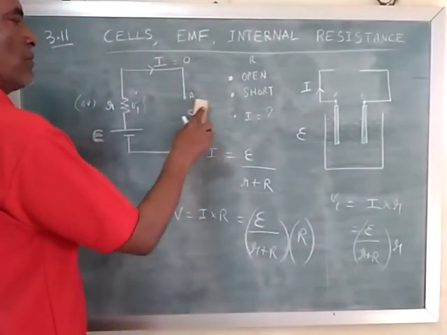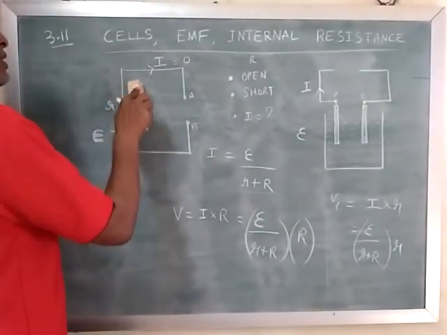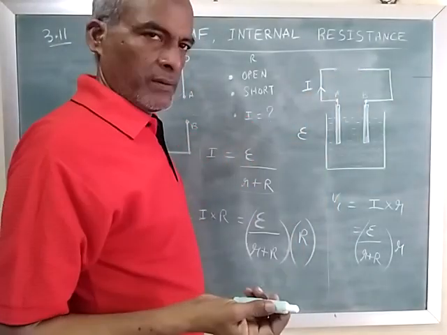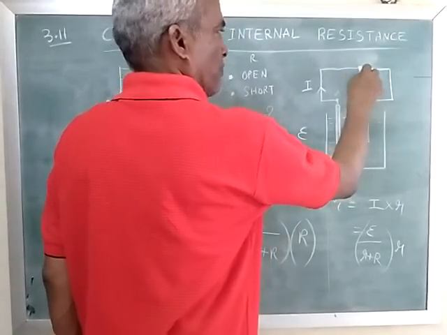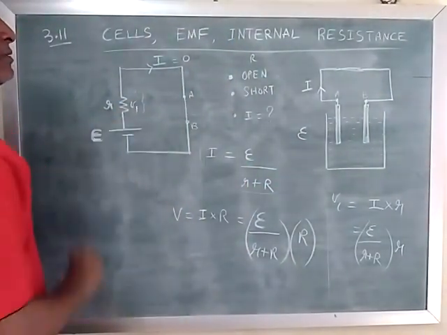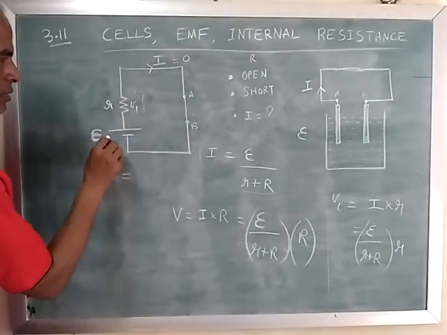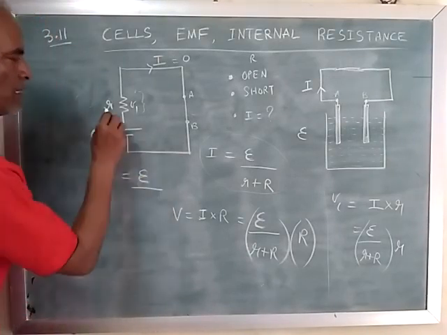Second case, what happens if it is short circuited? Shorted. Either this can be open, one worst case, then it can be shorted. So what happens when it's shorted? Now in this case, I is equal to the voltage of the cell, which is E, divided by this resistance r.